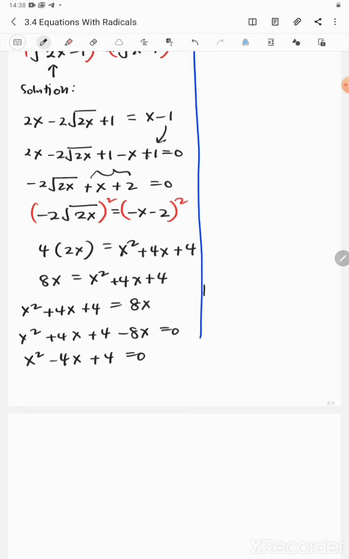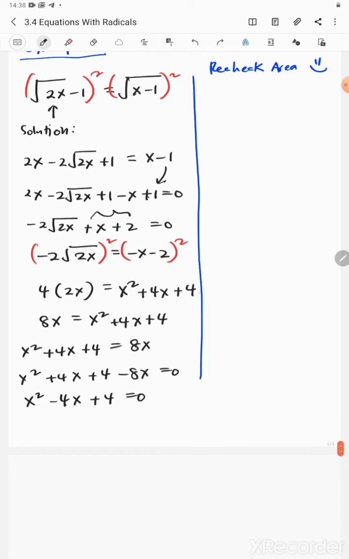So now you can use your calculator and check the value of x because this is a quadratic equation. So now we get here x equal to 2.